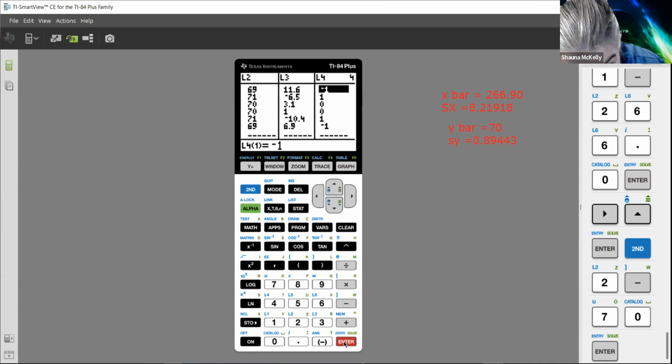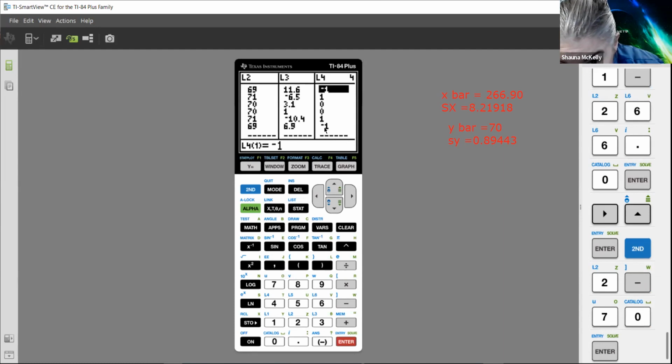Now this L3 column, the column in the middle of my screen right now, is X minus X bar, and L4 is Y minus Y bar. What we need to do now is multiply those together, is what the formula says.